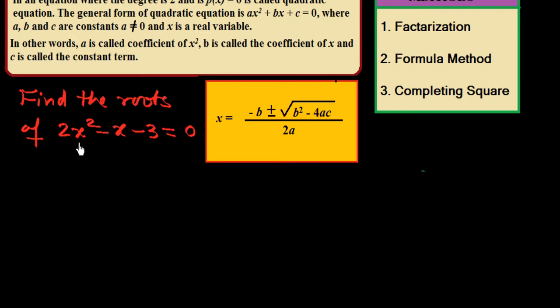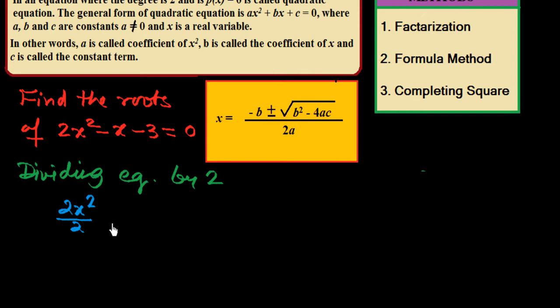Dividing the equation by 2, we get 2x square over 2 minus x over 2 minus 3 over 2 is equal to 0.